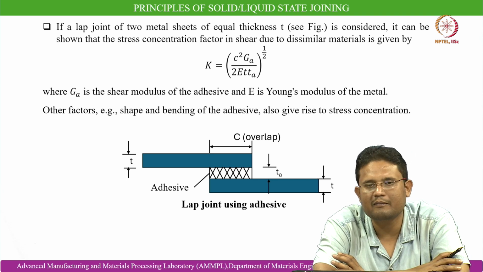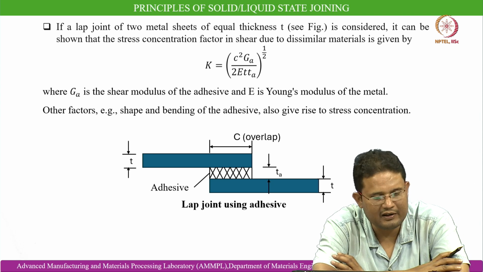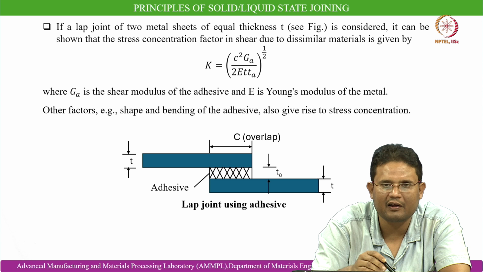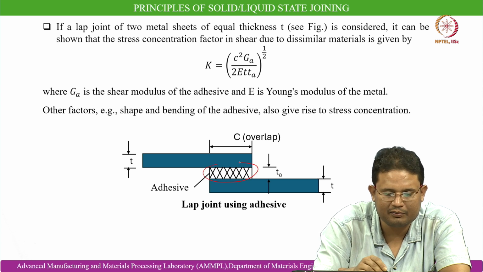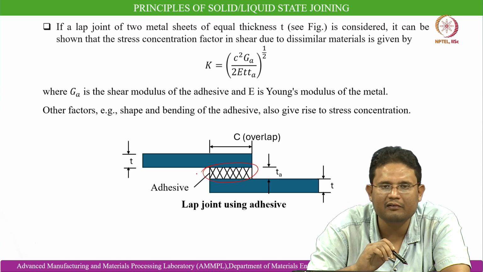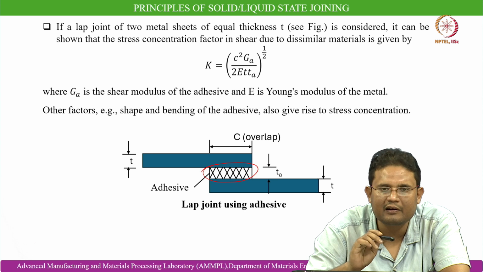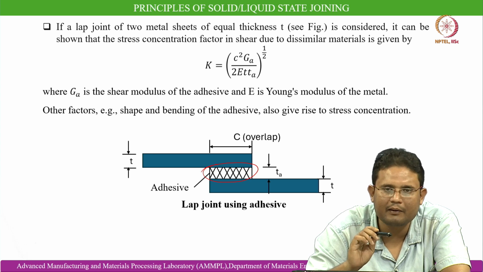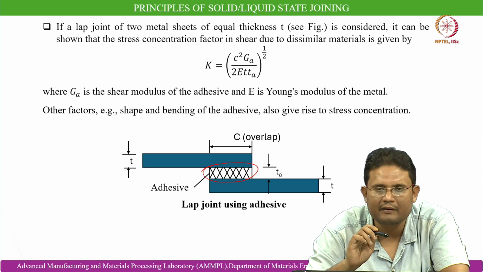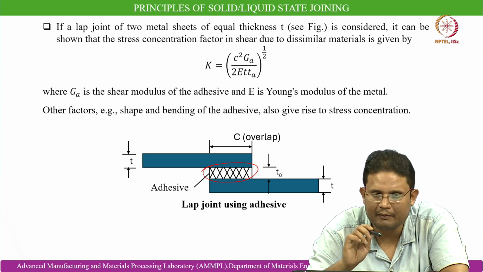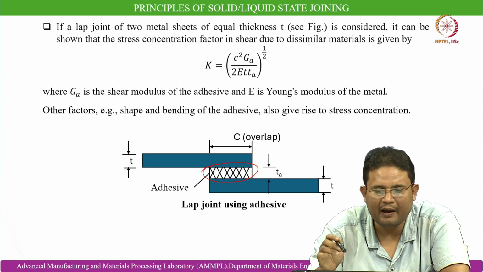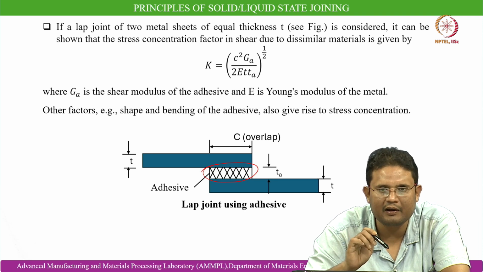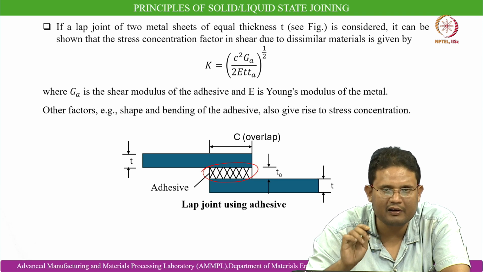G A is the shear modulus of the adhesive, and t A is the thickness of the joint, that is, the adhesive layer placed between the adjoining metal plates. Small t is the thickness of the adjoining plates. Here it is assumed that both plates being joined have the same thickness t, and E is the Young modulus of the metal plates undergoing adhesive bonding.